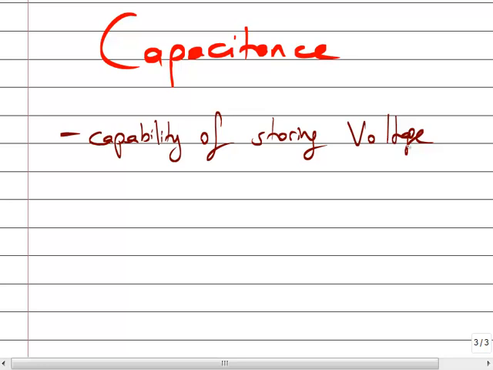If there is a component having the capacitance property that stores some voltage, the stored particles are charged, as charges. Voltage is stored as charges.